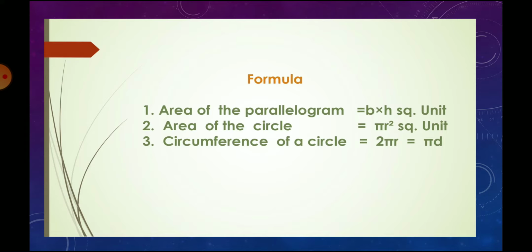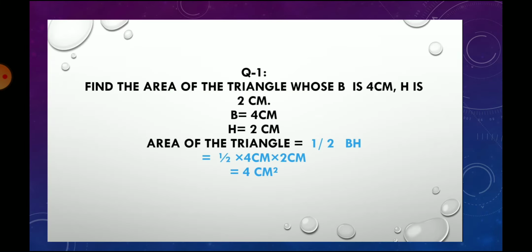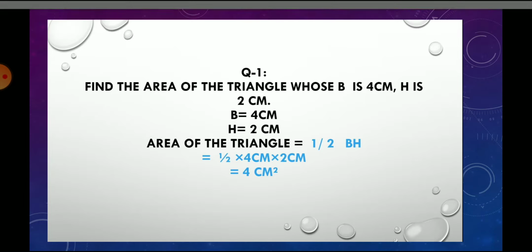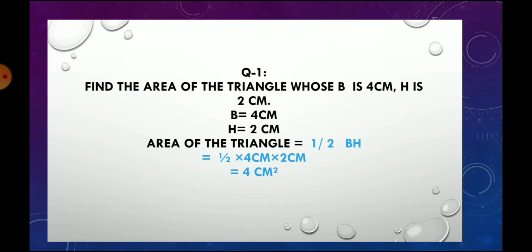Here we use only the unit, meter or centimeter, whatever. Area is in square units, perimeter is in units only. So now let us see some questions to find the area, volume, perimeter, circumference and so on.